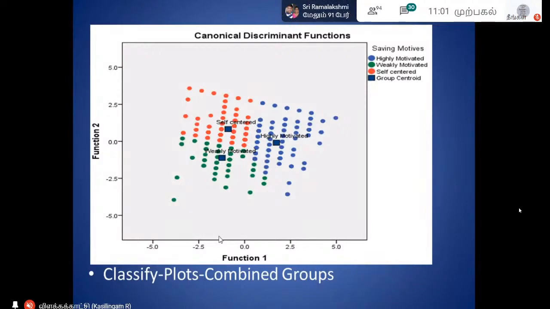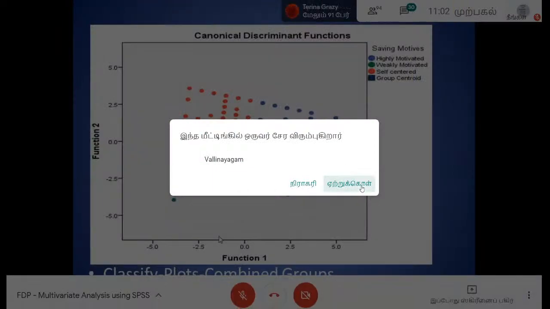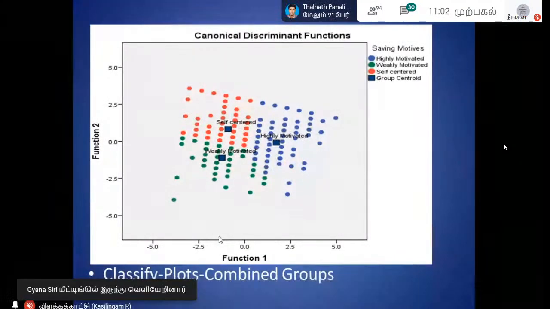Weakly motivated people have lower values, which means the scores are lower in function 2. Self-centered people have higher values in function 2, which means these two groups are different in function 2.